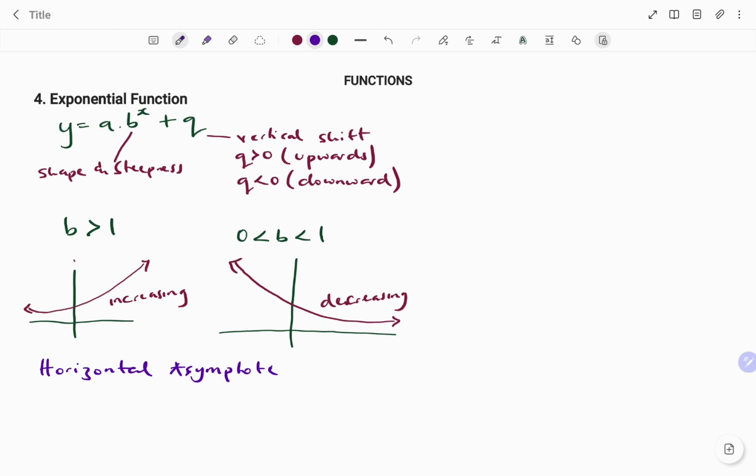and for my horizontal asymptotes, I have that as y equals the value of my q. With this information, if I'm to draw an exponential graph, I need to determine the shape or the steepness of the graph by the value of b. Also, I'm going to find my x and my y intercept like I did for my previous functions.